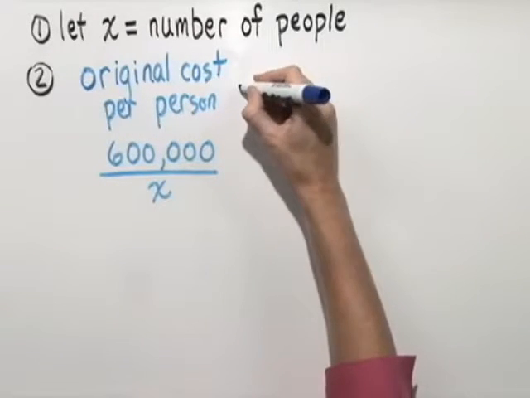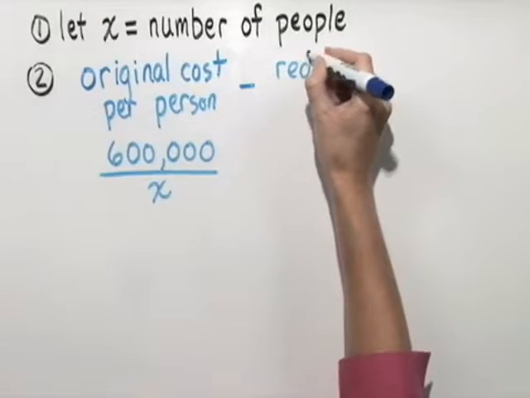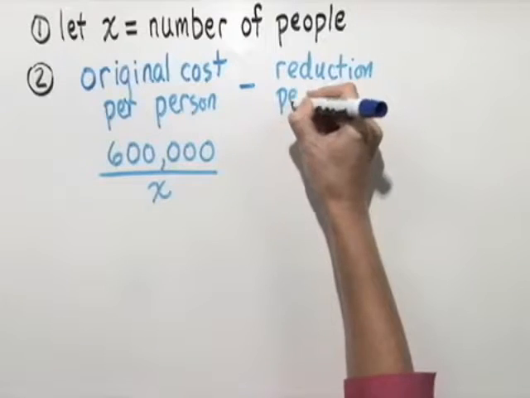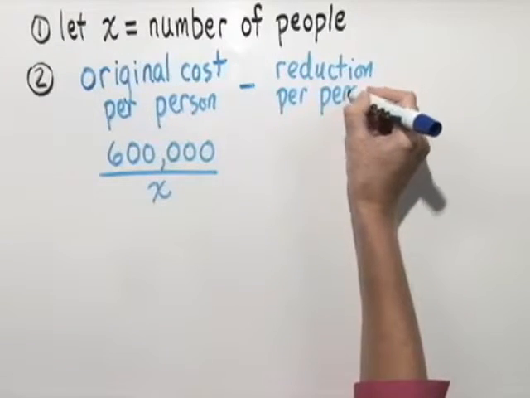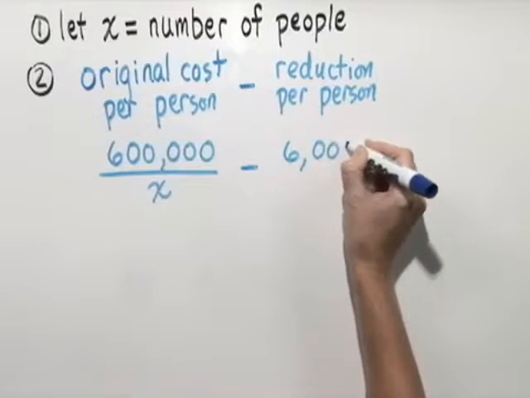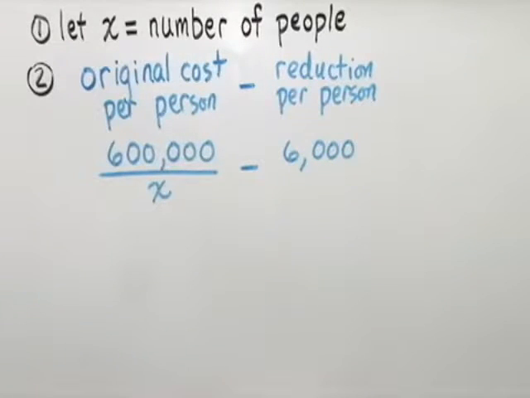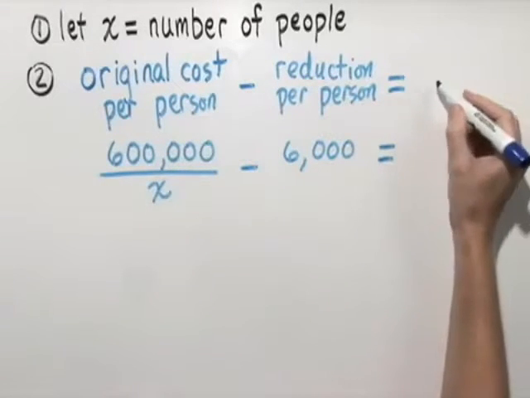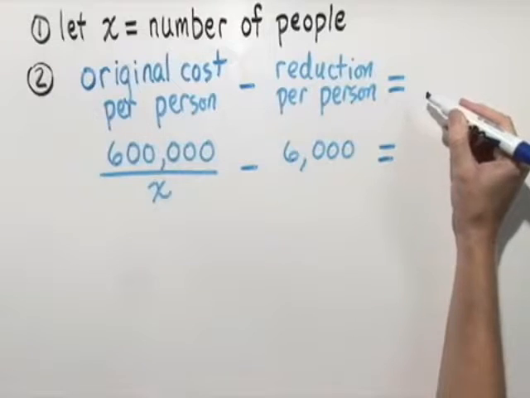So we can subtract the reduction that we have per person, and we're told that that reduction will be $6,000 per person if 5 more people join. So what is going to be on the right-hand side is the actual reduced cost.